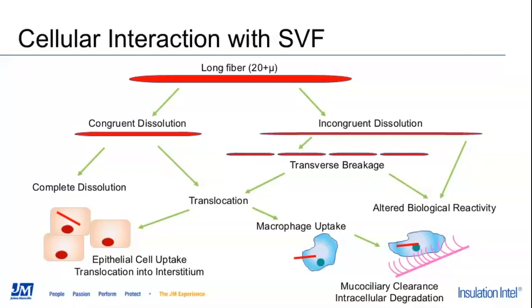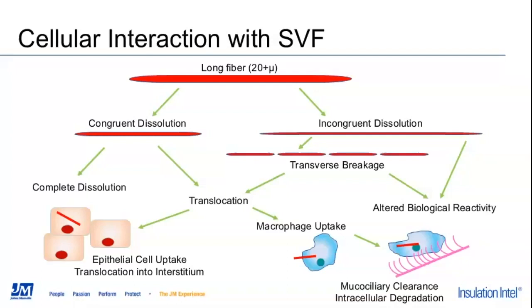They break transversely. And so you can see there, you can have one long fiber that's being broken up into 4 short fibers. And that's what I meant on the earlier slide, where we saw that actual fiber structures were increasing over time in the animals. We didn't know exactly what that meant until we did some more study, but it really meant that those biosoluble fibers were actually undergoing transverse breakage in the lung.